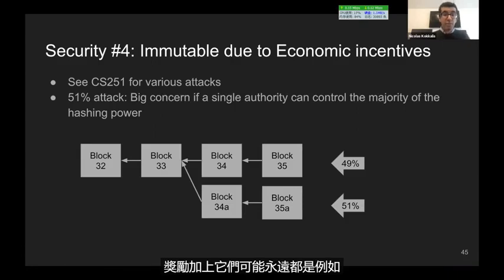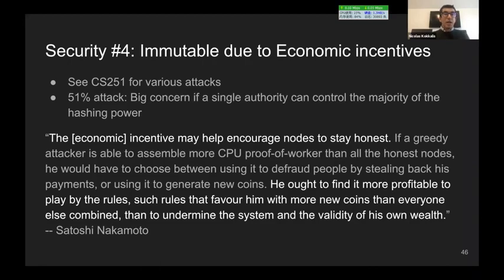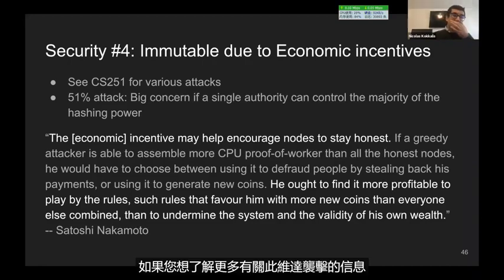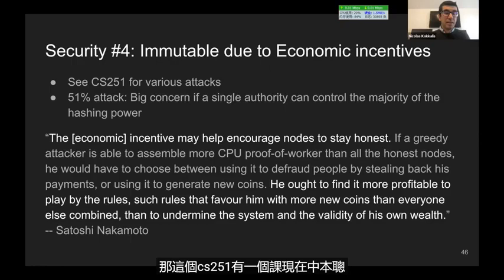Plus, they could always be, for example, excluding someone else's transactions, doing anything they want, picking what transactions to put inside. And if you want to hear more about these various attacks, there's a class for this, CS251.